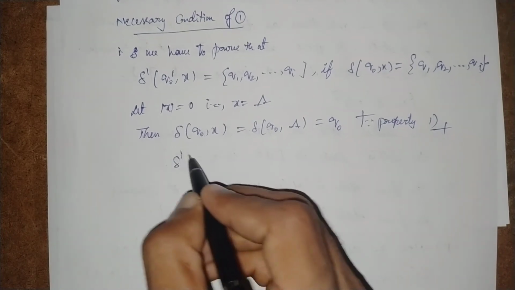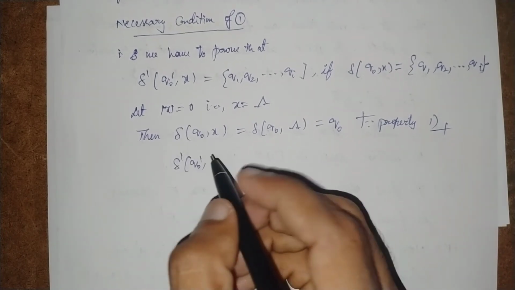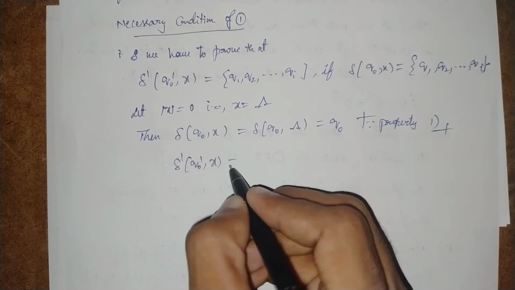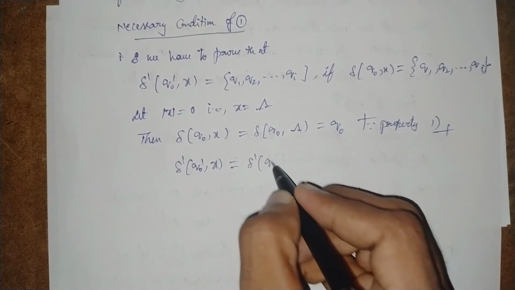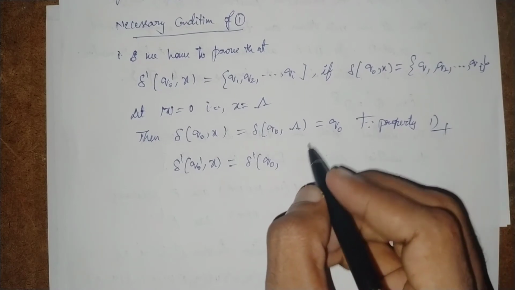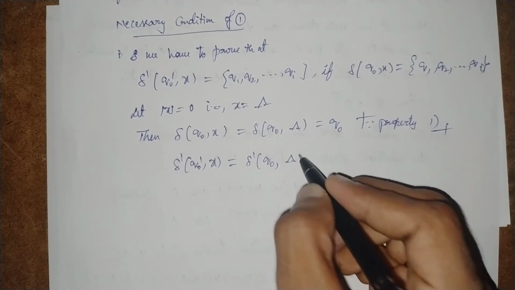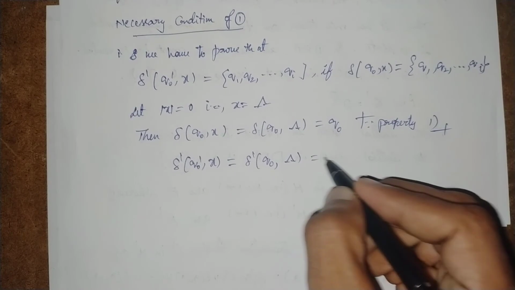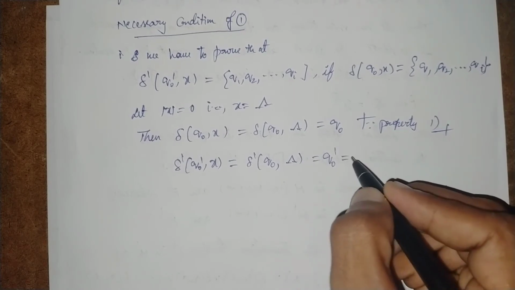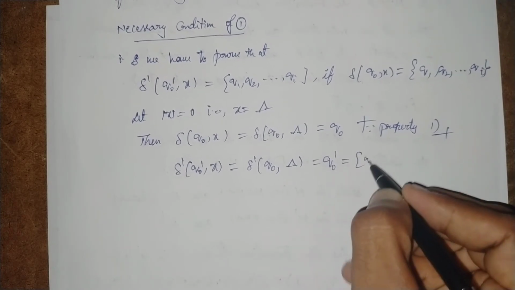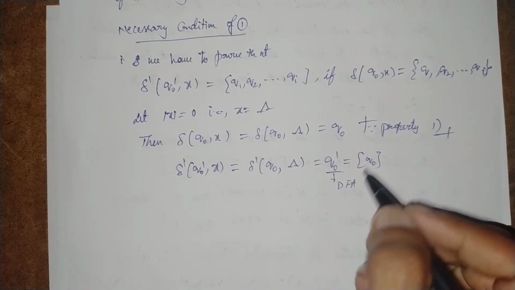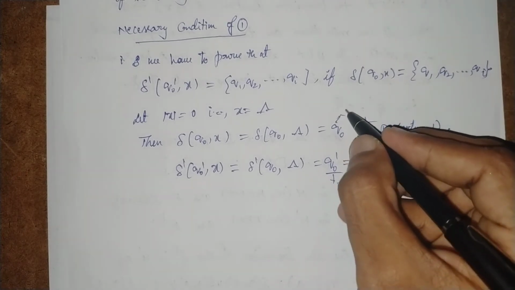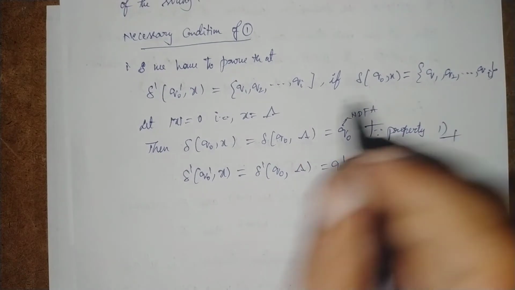Similarly, delta dash of Q naught dash, lambda is equal to Q naught dash, which is the initial state in the DFA.